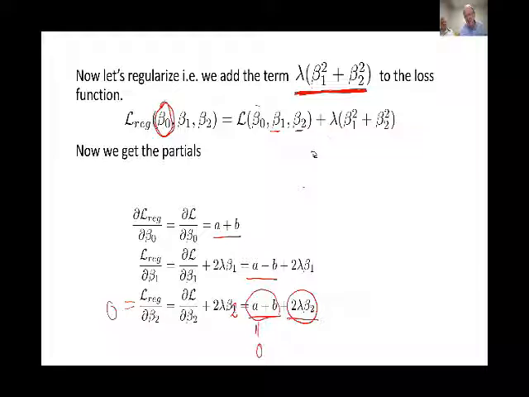The larger lambda is, the more regularization you put in. As soon as lambda is non-zero, you have a regularized problem, and in sklearn, you always have a non-zero lambda here. You can also change, instead of beta 1 squared plus beta 2 squared, you can use different powers.